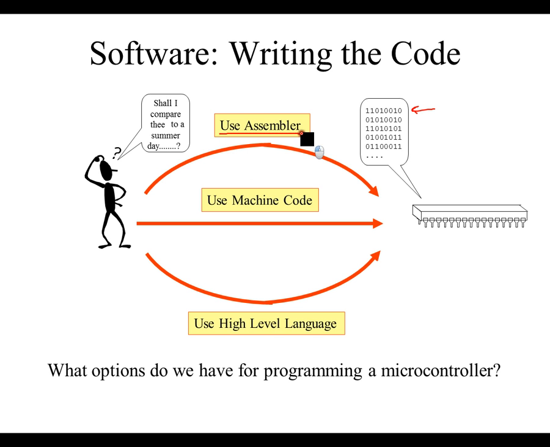It's a tool that takes mnemonics, which are kind of like acronyms, so we get to write the code using Roman characters like A through Z, and the assembler translates that into the machine code for us.